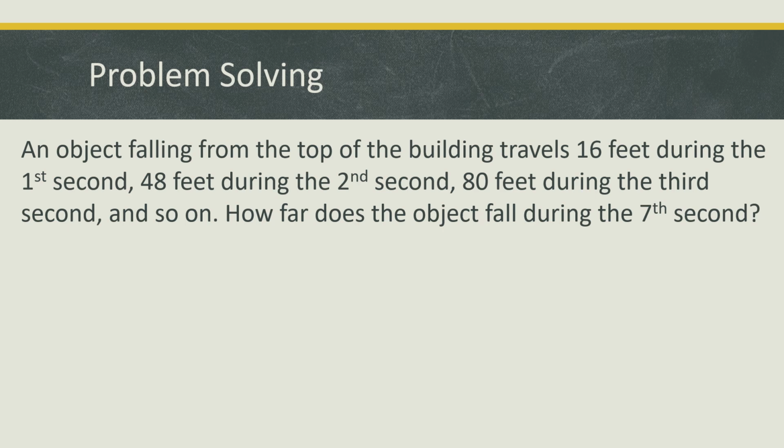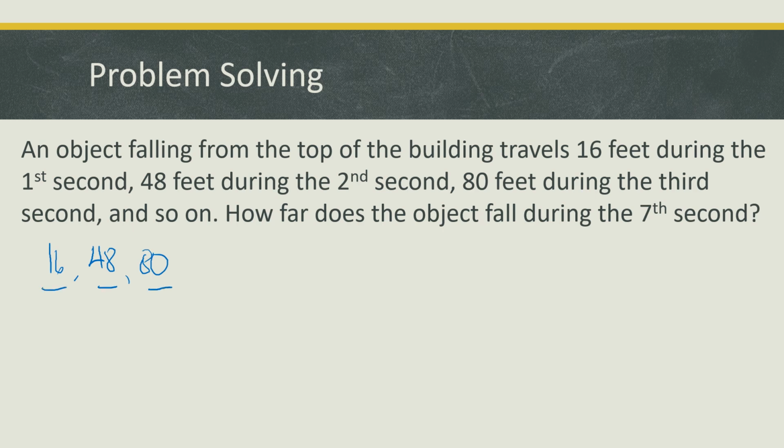If we observe the distance traveled by the falling object, the first 3 seconds already form an arithmetic sequence. So let's say we have here 16 feet, 48 feet, and 80 feet for our first 3 seconds.